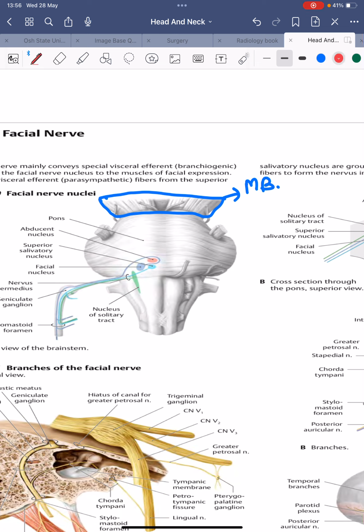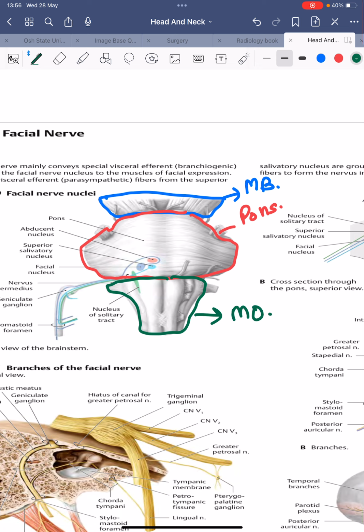This portion is known as pons. And this one is known as medulla oblongata. From the pons, you already know the cranial nerves are 5, 6, 7, 8. Midbrain 3, 4. Medulla oblongata 9, 10, 11, 12.